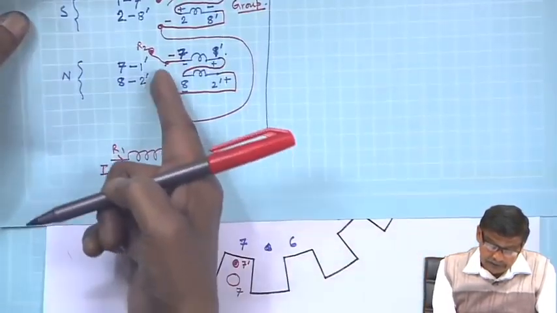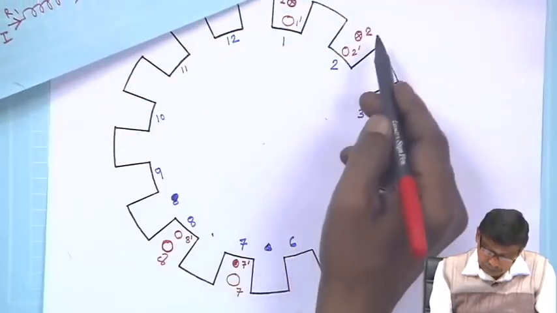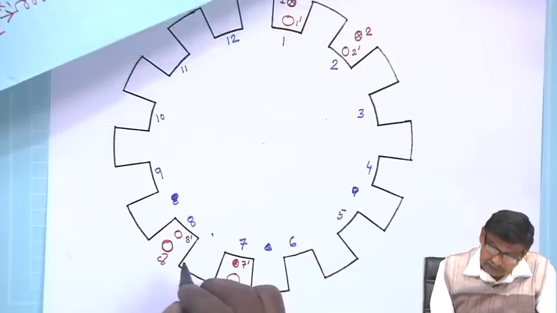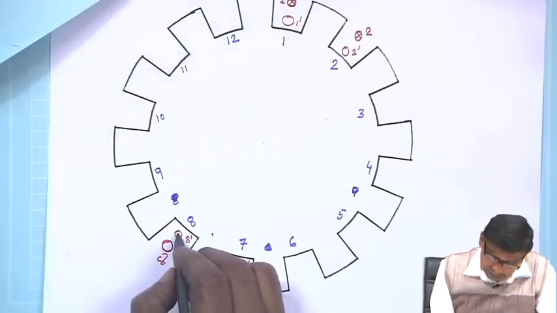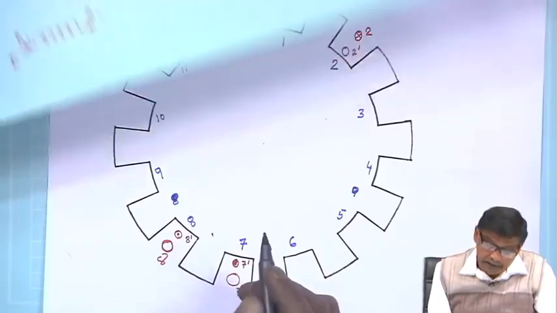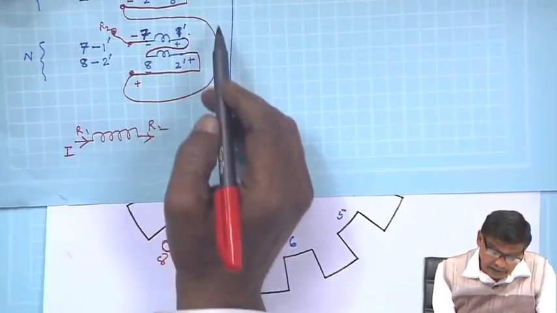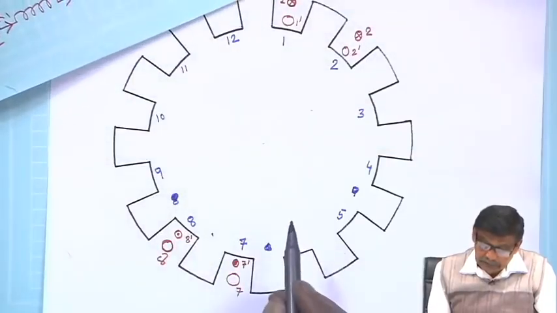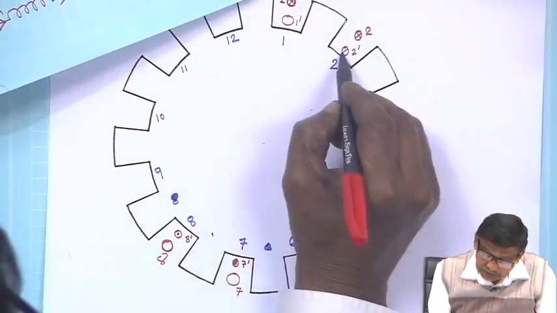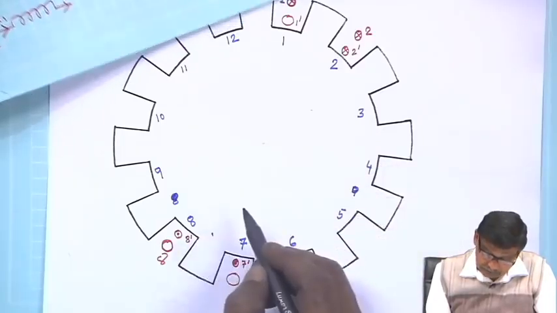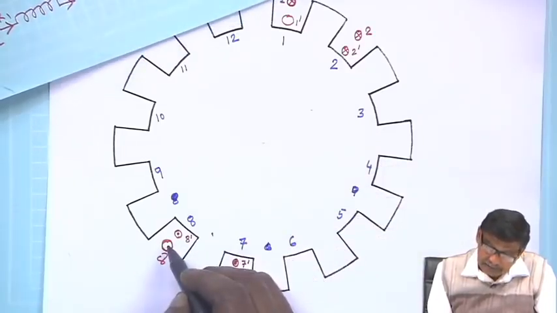Then this 2 will be cross and this 8 dashed will be dot. Then current enters through 2 dashed, so it is cross, and current comes out from 8.